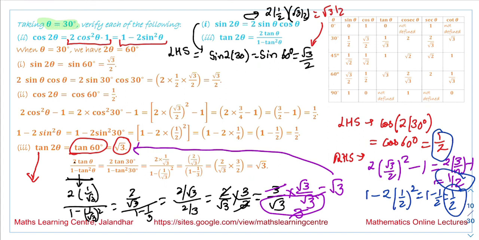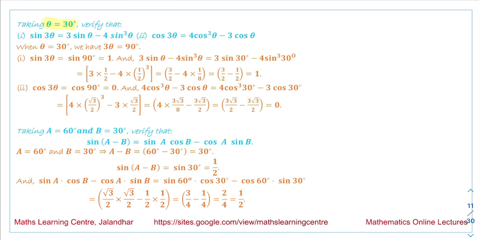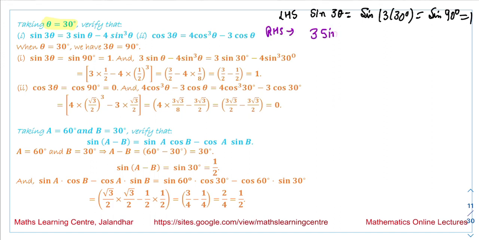Now next we take theta equal to 30 degree, and we have to verify these equalities. First one, LHS is sine 3 theta, that is equal to sine of 3 times 30 degree, that is equal to sine 90 degree, and the value of sine 90 we know is 1, from the table. Next, the RHS of this equation is 3 sine 30 degree minus 4 sine cube 30 degree.